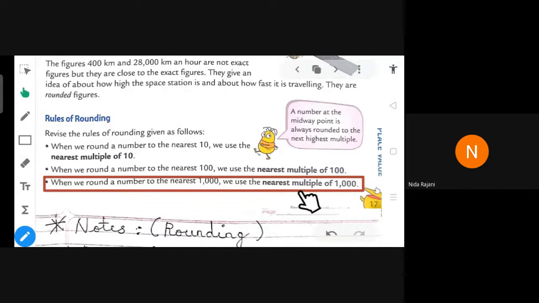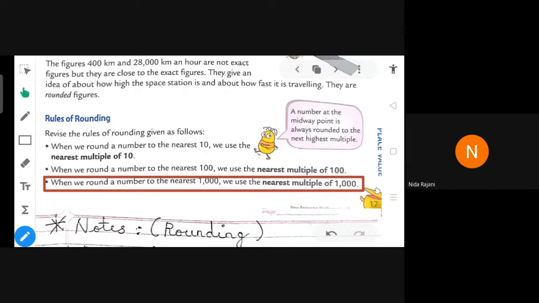Very good. So I'm reading, when we round a number to the nearest 1,000, and this is only our question number 3. What is the heading of question number 3 which we have to solve?